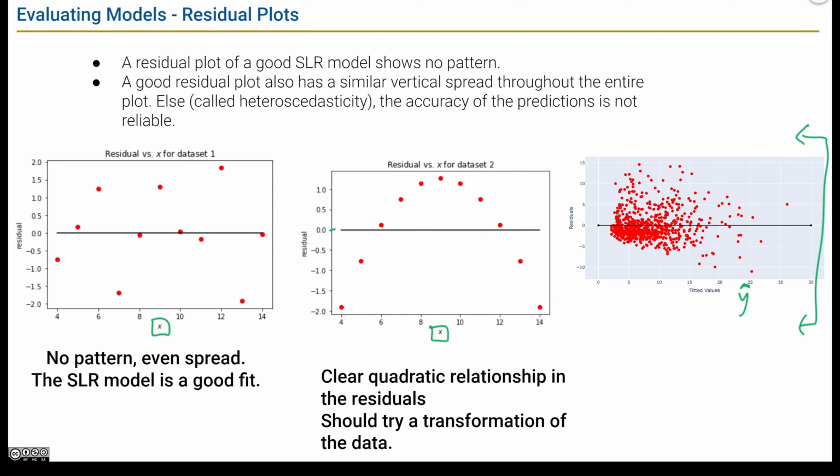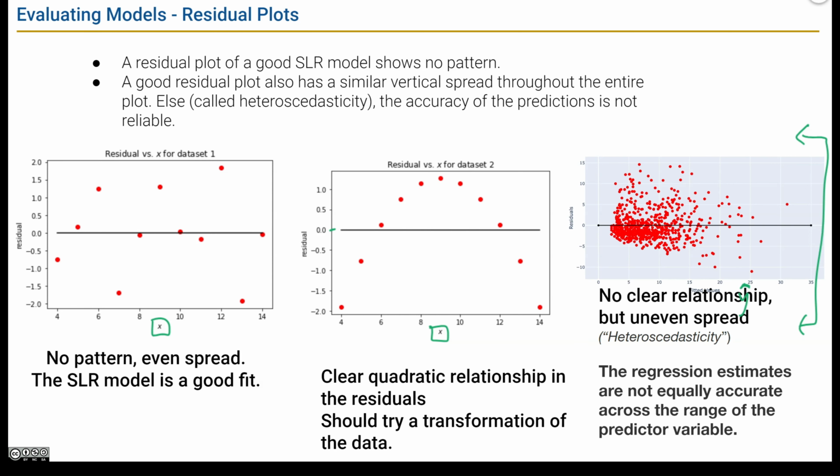And this last one, I don't see so much a pattern, but what I am noticing is some uneven width, or variance, in our data here. For the most part it's doing that, and then it's going like that. And this one's really spreading out here. So I don't have equally accurate regression estimates across the range of my predictor variable.